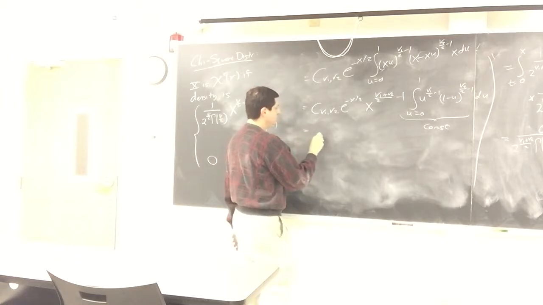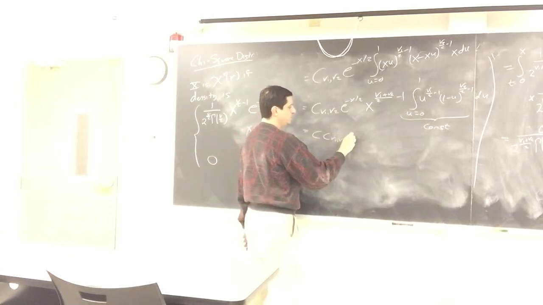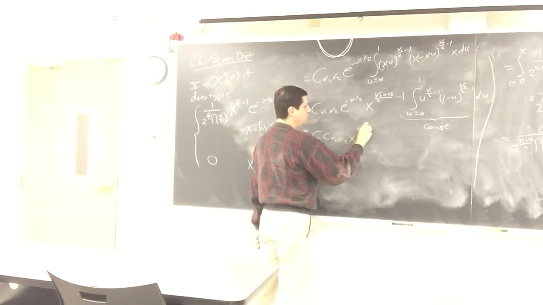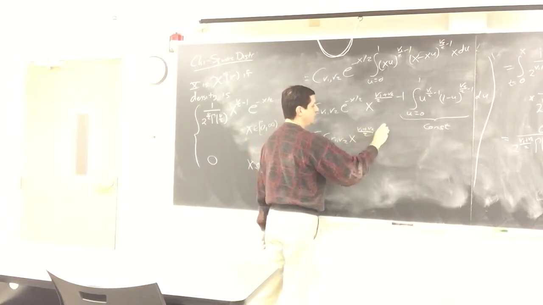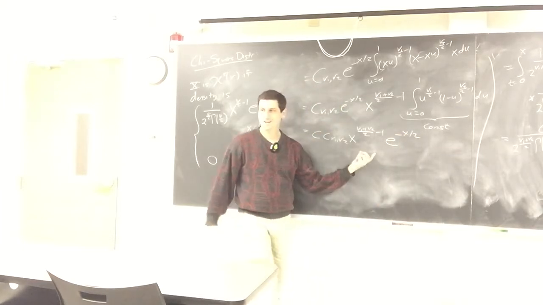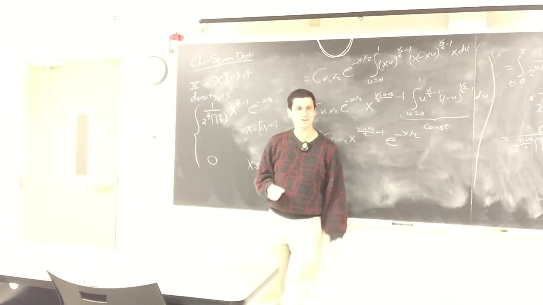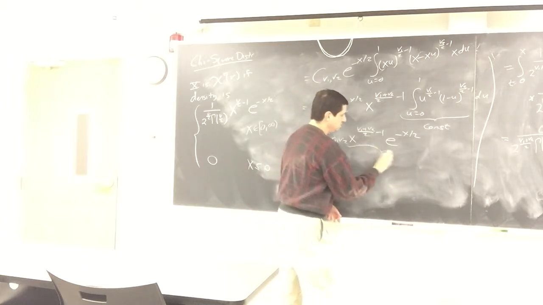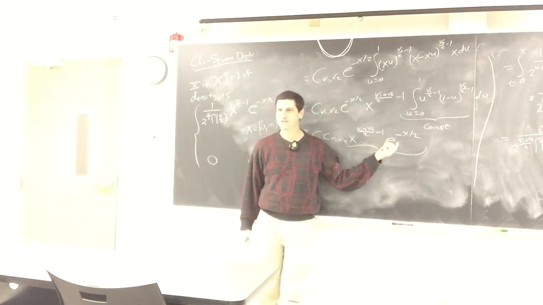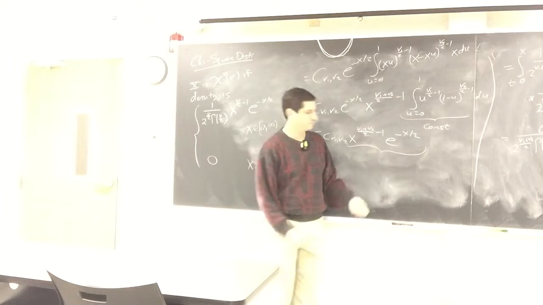So we now get a constant c of nu 1, nu 2, times x to the (nu 1 plus nu 2)/2 minus 1, e to the negative x/2. That's exactly what we haven't erased over here. This is the x dependence of a density of a chi-squared random variable with nu 1 plus nu 2 degrees of freedom.